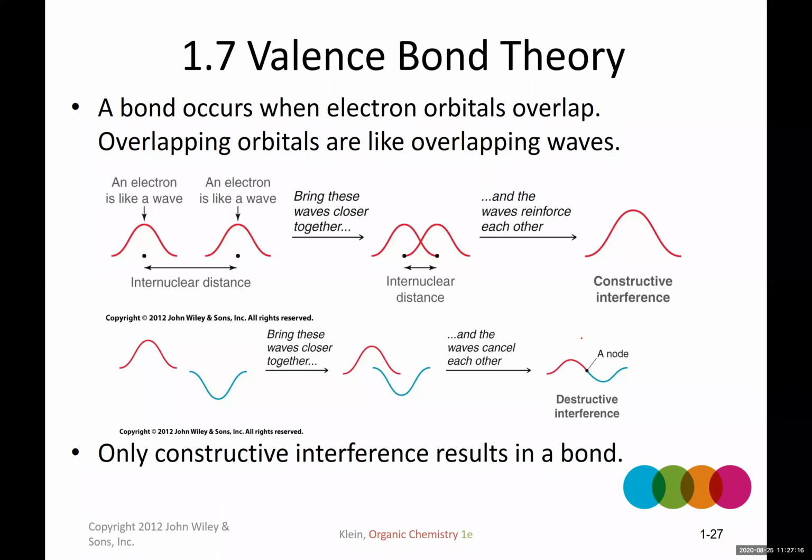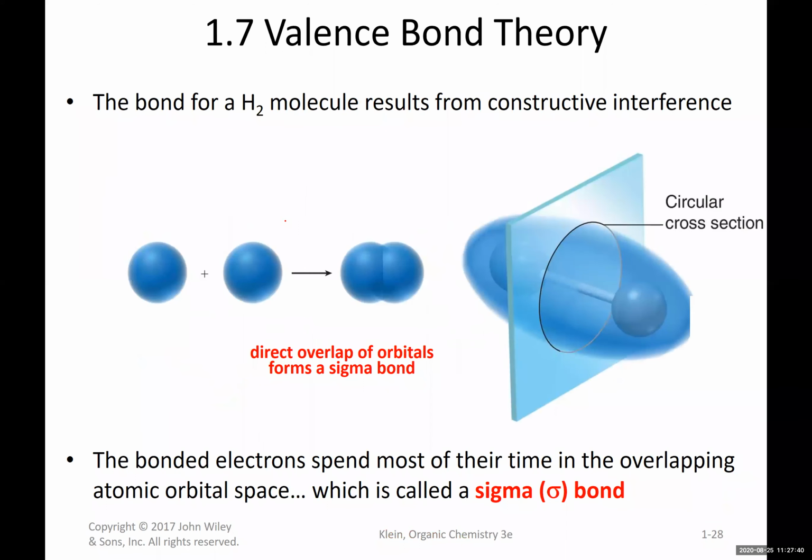So you see, chemists think of bonds as two ways the orbitals can come together: either reinforcing one another, resulting in bonding, or canceling each other, resulting in no bond formed between the nuclei. Here's a picture for the hydrogen molecule. You have two hydrogen atoms.